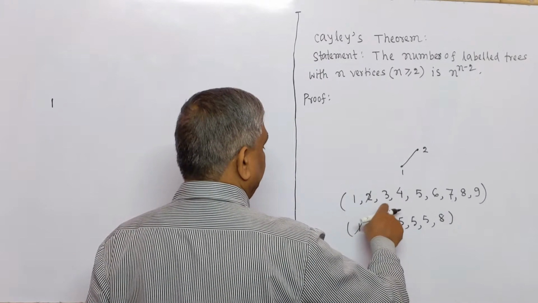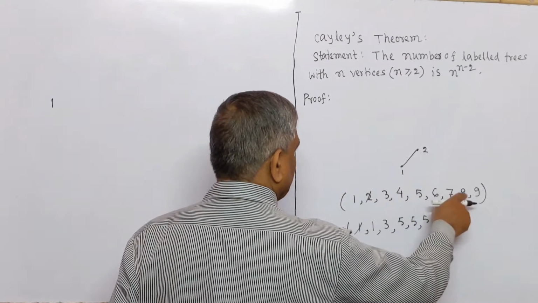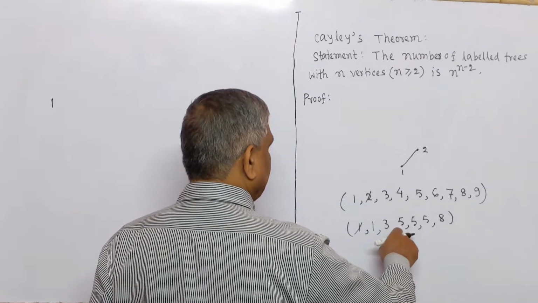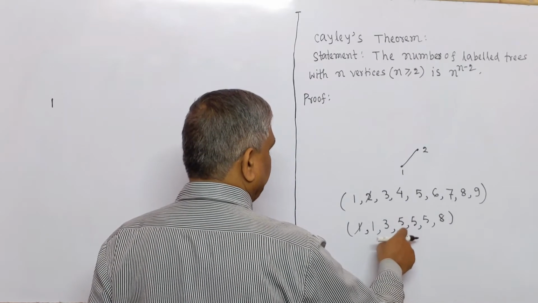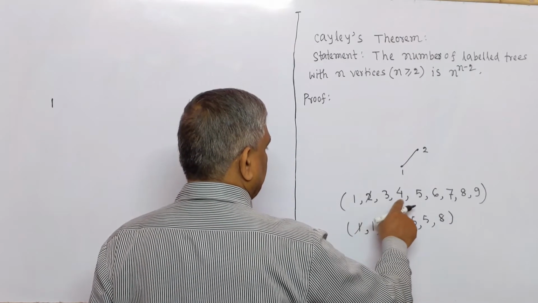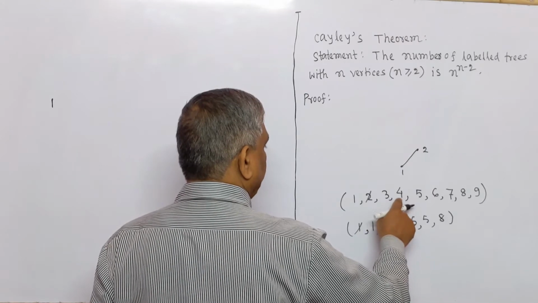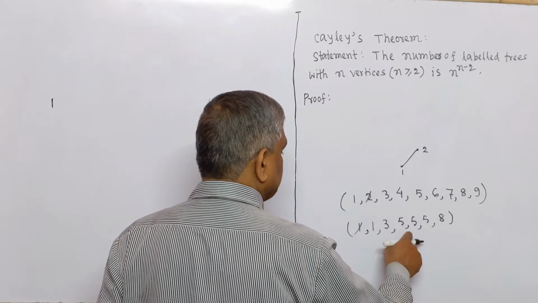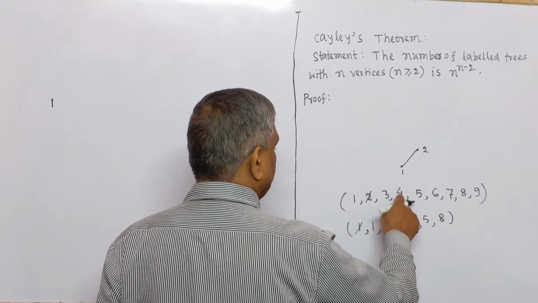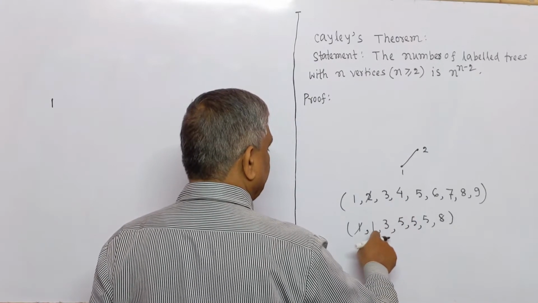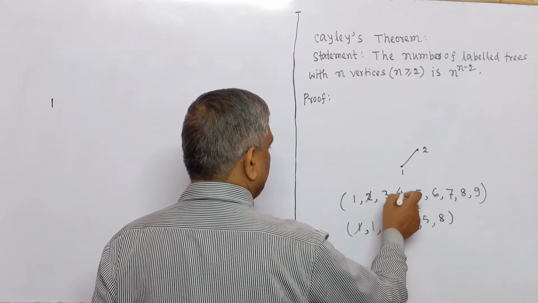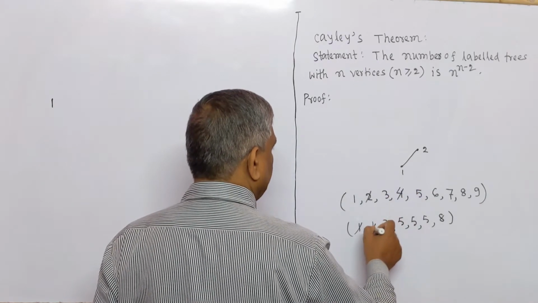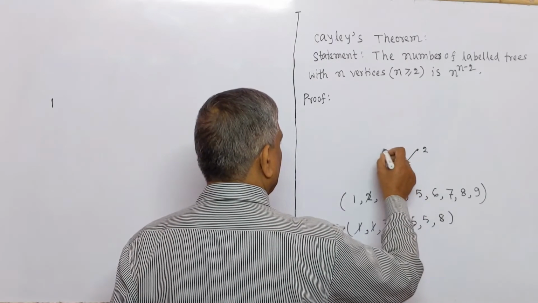Now we see a number in this sequence that is not present in the second sequence. Here 4 is the number which is not present in the second sequence. We take 4 and then the first number 1. Here we cancel 4, here 1. Here we write 4.